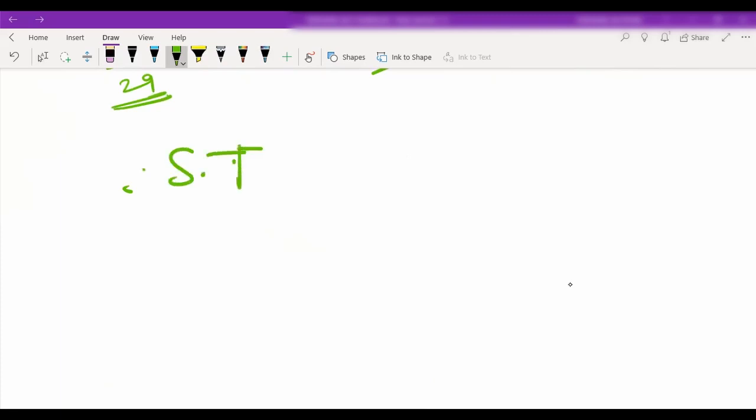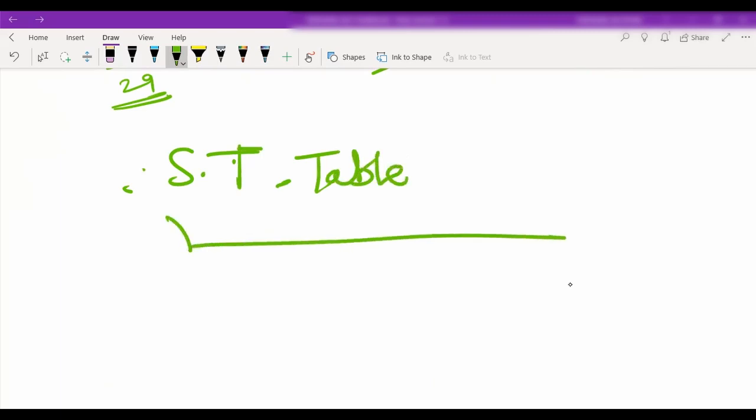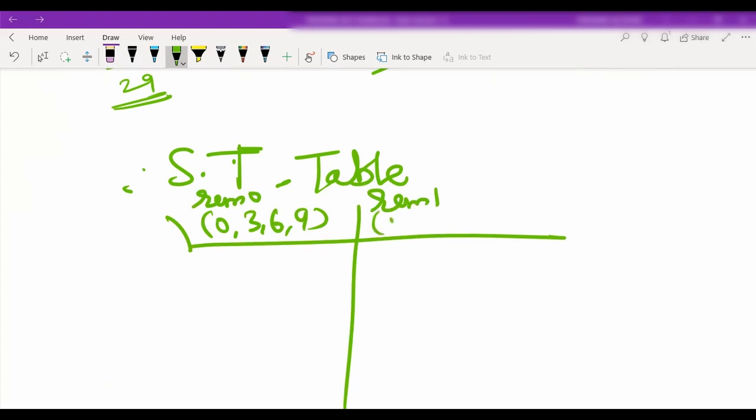transition table. Okay, so we are going to draw the state transition table, and in that, the inputs we are going to take will be nothing but your sets: the remainder 0 set, that is 0, 3, 6, 9, and then the remainder 1 set, that is 1, 4, 7.